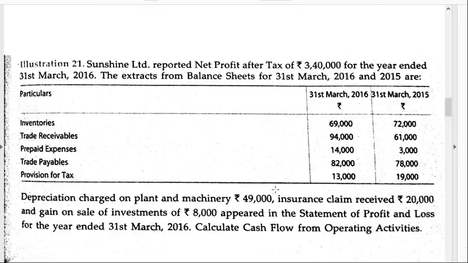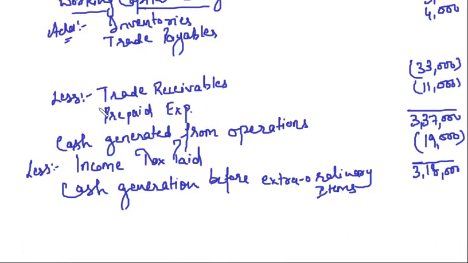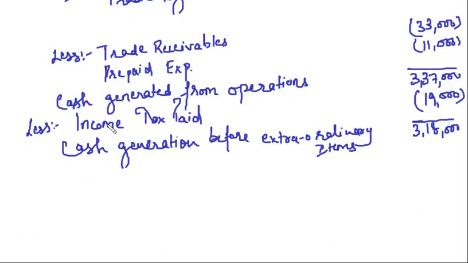We have already discussed it. Yes, insurance claim of 20,000. Now, this is the income that we have received. If this is an income, what is to be done here? Earlier, we subtracted the income. Now, we will add back the income.